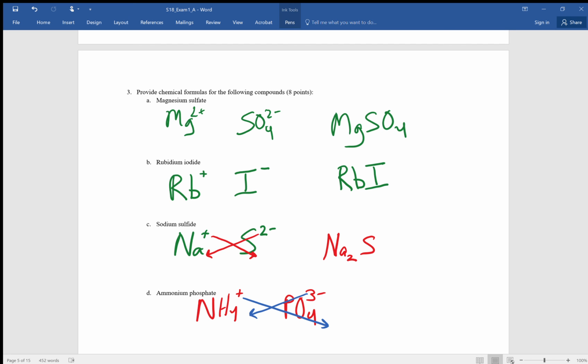In order to balance our charge, phosphate is -3. We need a total of +3 to balance that. And so that means we need a total of 3 ammonium ions combined with a single phosphate, gives us a neutral molecule and gives us our chemical formula.